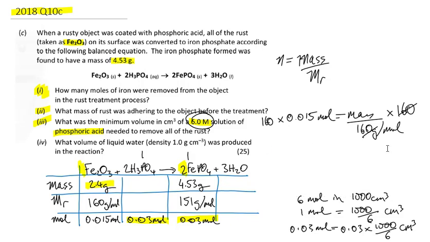Plug that into the calculator and we get 5 centimeters cubed. Okay, so that's my answer for part 3. 5 centimeters cubed of 6 molar phosphoric acid.